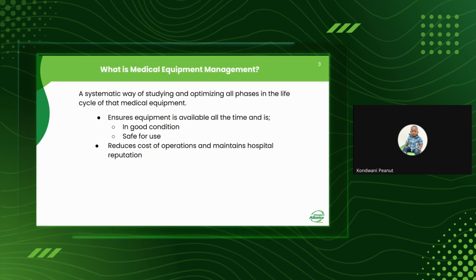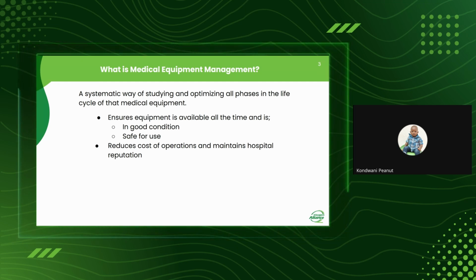What is medical equipment management? Medical equipment management can be defined as a systematic way of studying and optimizing all the phases in the life cycle of a medical equipment. We know a medical equipment has different life cycles, which we're going to go through, and the next webinars are going to emphasize on them. Why is it important that we should study and optimize all the phases of the life cycle within the medical equipment's stay at our facilities?